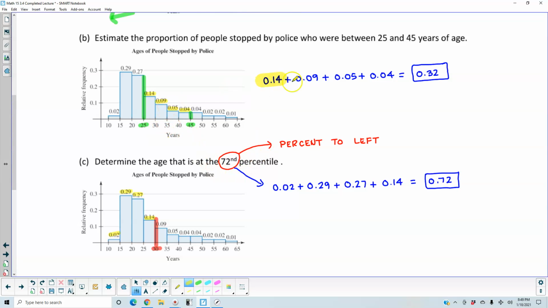Between 30 and 35, it is 0.09. Between 35 and 40, it's 0.05. And between 40 and 45, it's 0.04. So when we add them up together, we get 0.32. So 0.32 is the proportion of people stopped by police who were between 25 and 45 years of age.